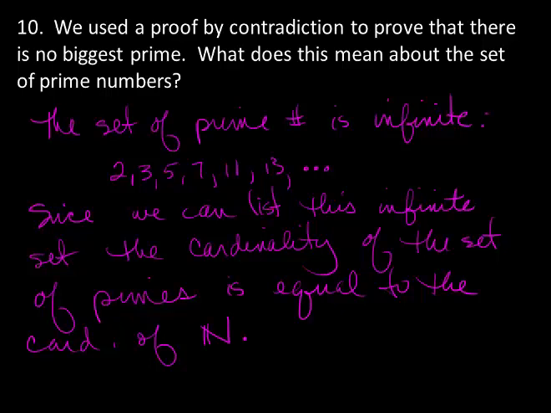You're not going to be asked to prove that there are infinitely many primes, but proof by contradiction will come into the test. So let's go through the outline of what we did to prove that there was no biggest prime, and hence that there are infinitely many. So here's an outline of a proof by contradiction.